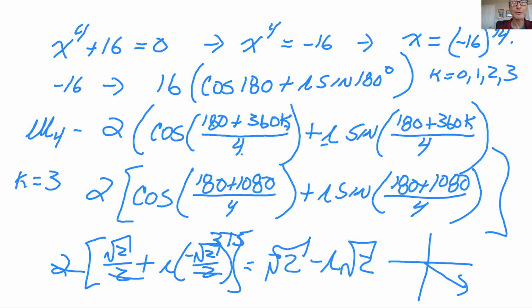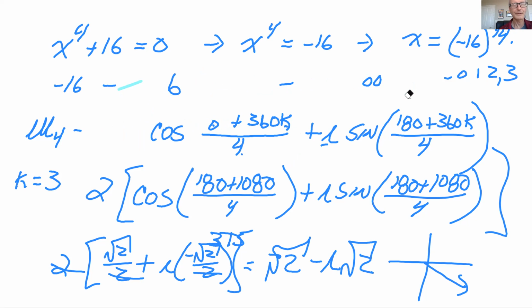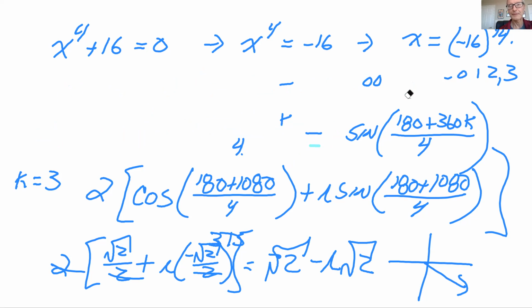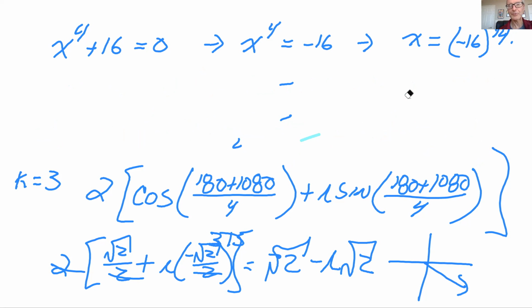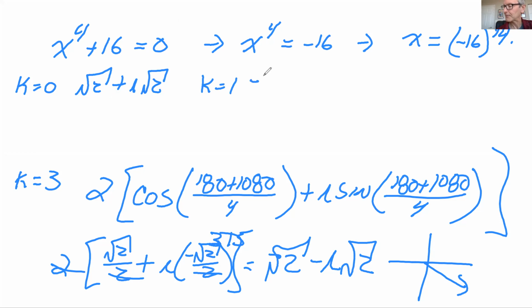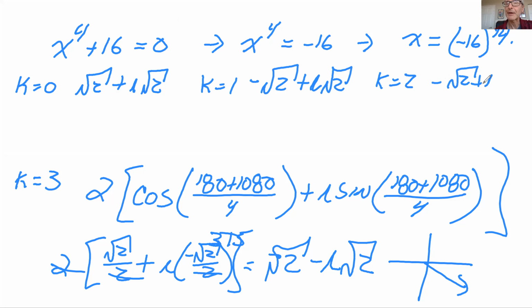And so these 4 roots would end up looking like this. k equals 0 would be square root of 2 plus i square root of 2. k equals 1 would be minus square root of 2 plus i square root of 2. k equals 2 would equal minus square root of 2 minus i square root of 2.